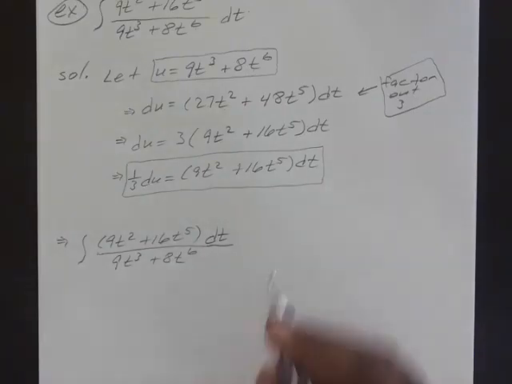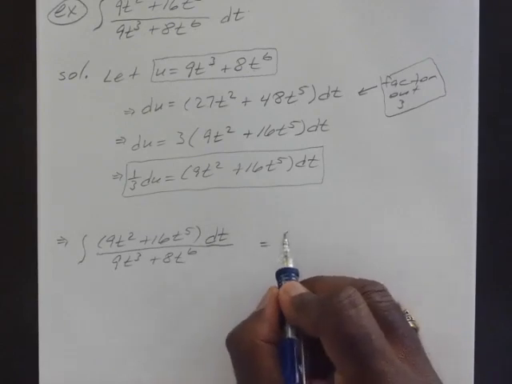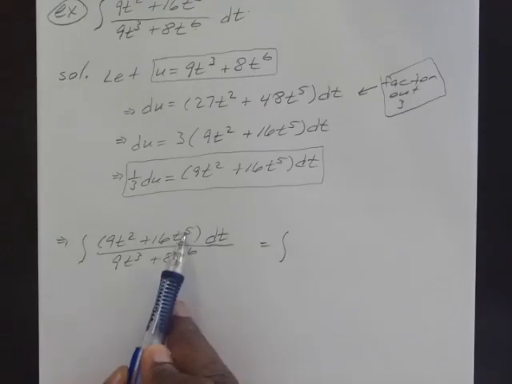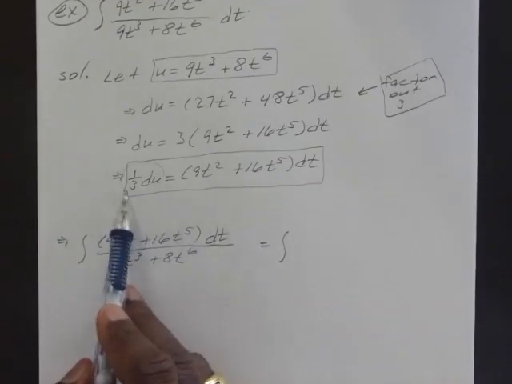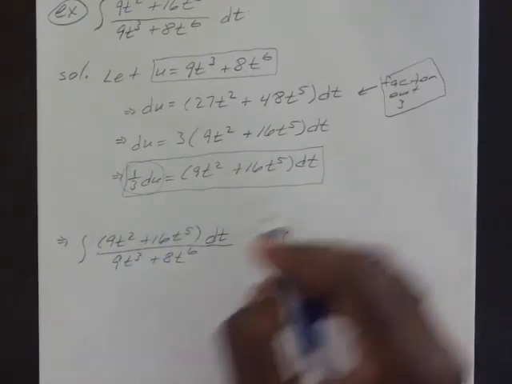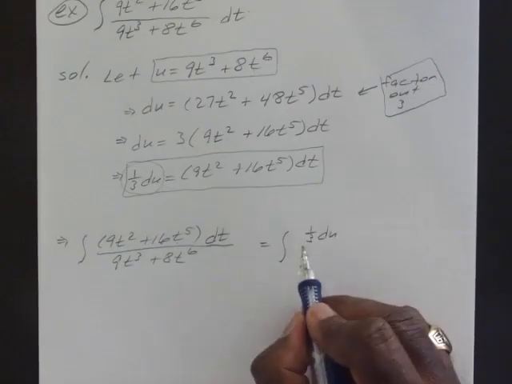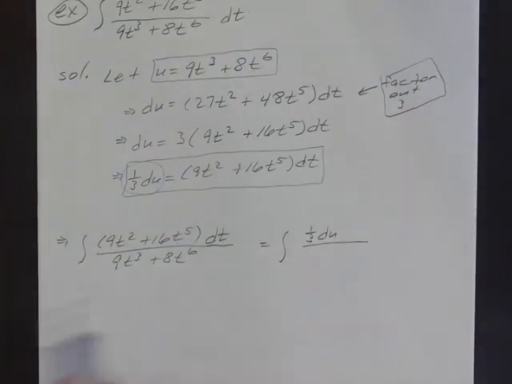Okay, so if we match this up, we have the integral 9t squared plus 16t to the fifth power dt. We can replace that with 1/3 du. So we have 1/3 du divided by 9t to the third power plus 8t to the sixth power.